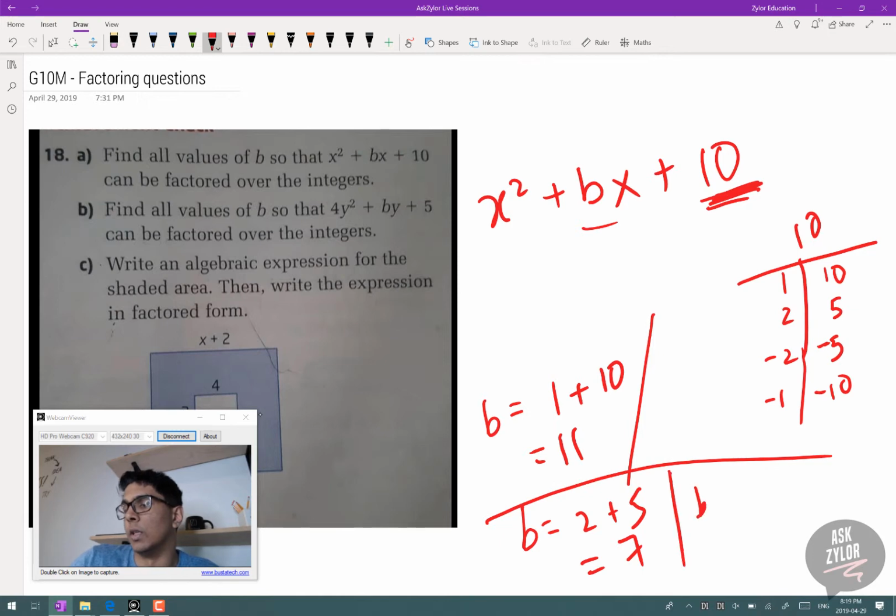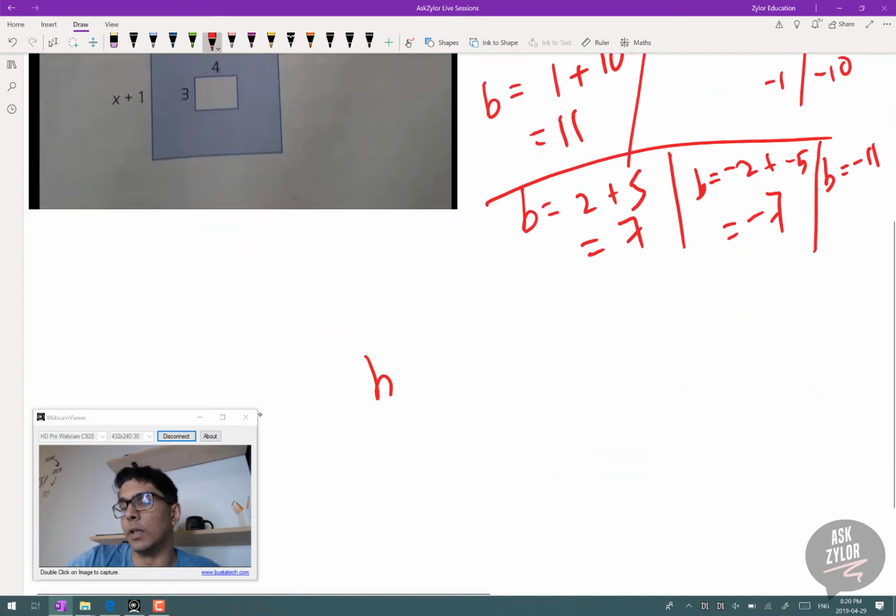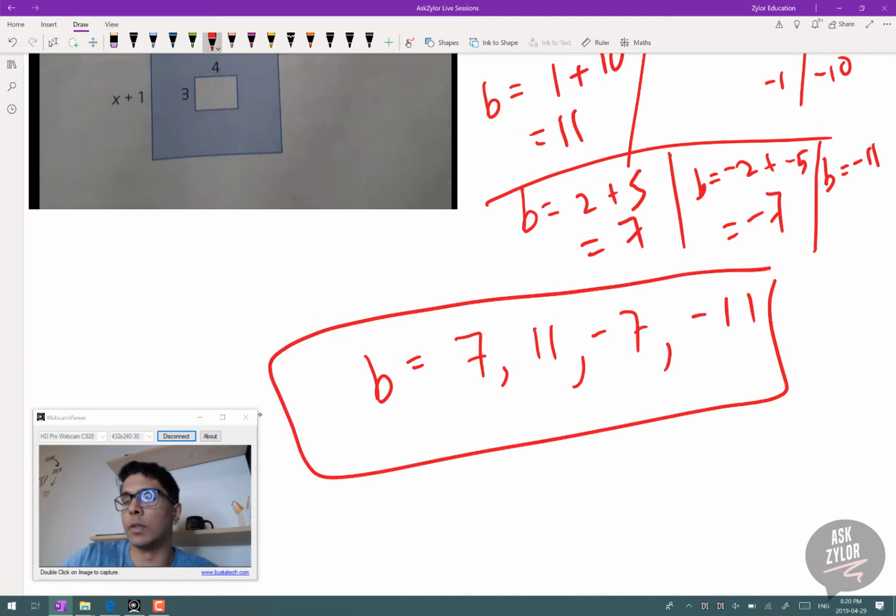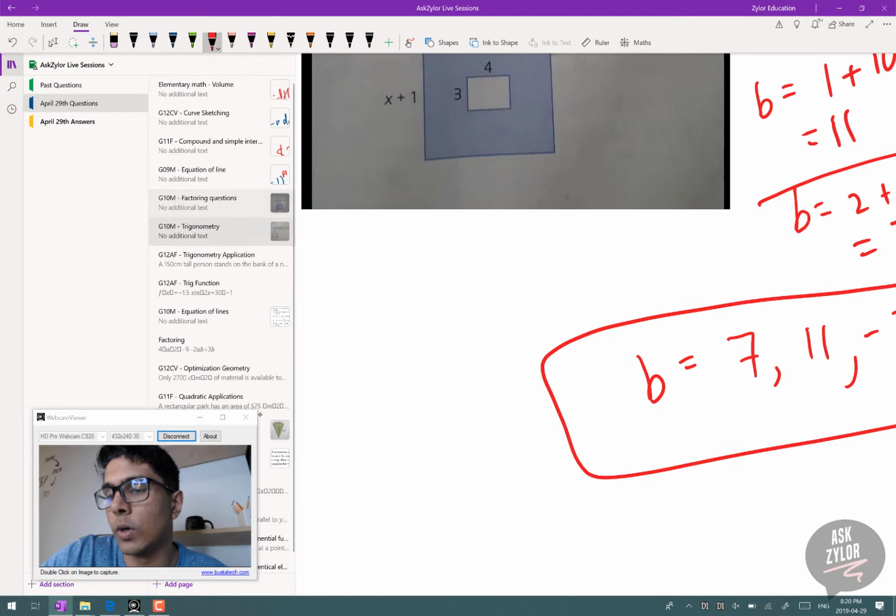It could also be negative 2 plus negative 5 to give me negative 7, or it could be negative 11 if I add negative 1 and negative 10. So the four values b would be 7, 11, negative 7, negative 11. Okay, so we'll move on to the next question.